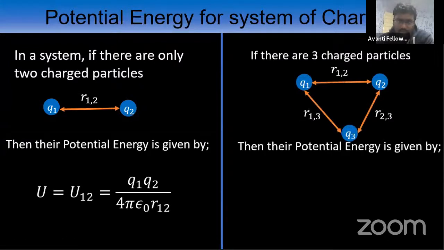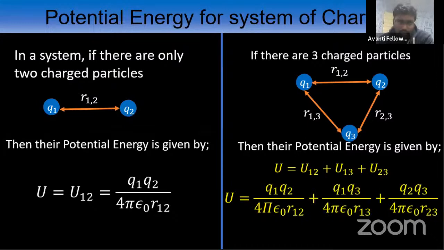So for a system of three charged particles, U is equal to U12 plus U13 plus U23. Then U net is equal to Q1 Q2 by 4 pi epsilon naught R12 plus the other terms, by applying the principle of superposition. This is how we calculate the potential energy for a system of charges.